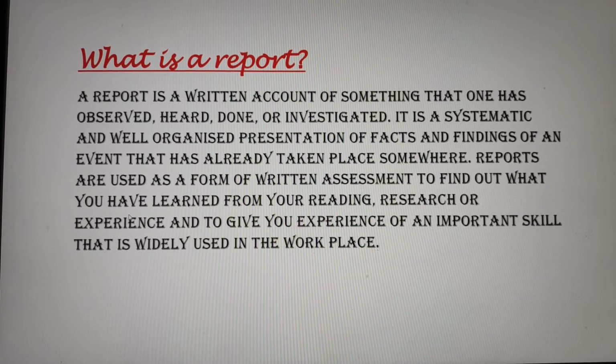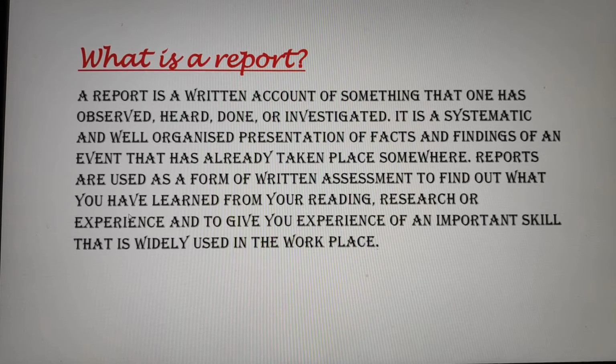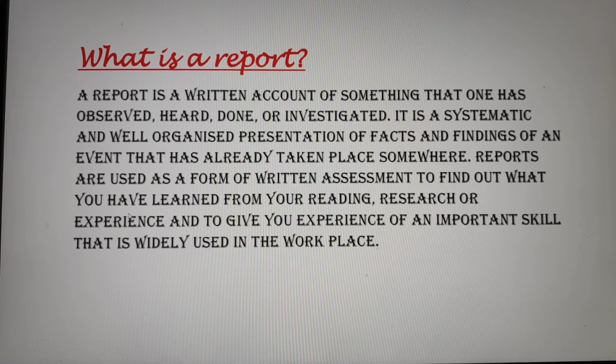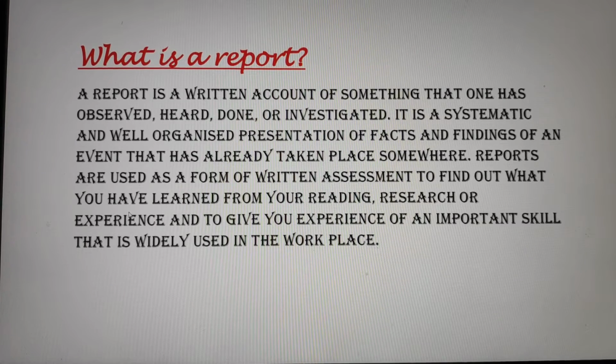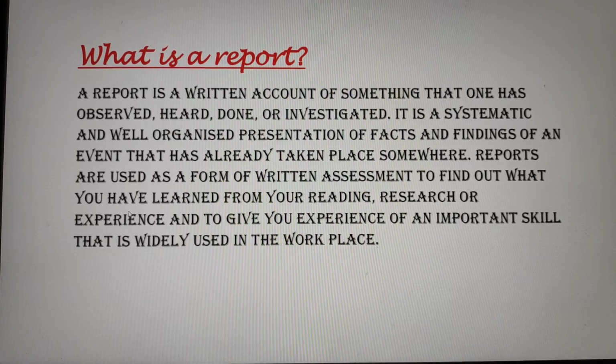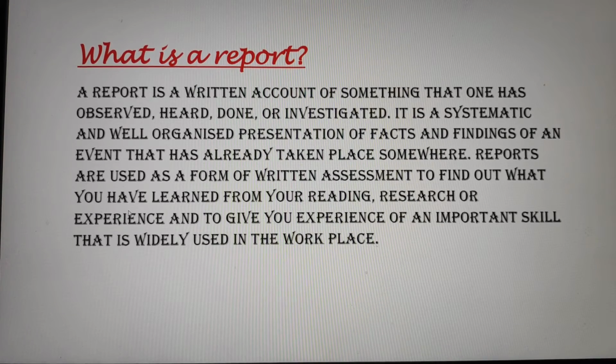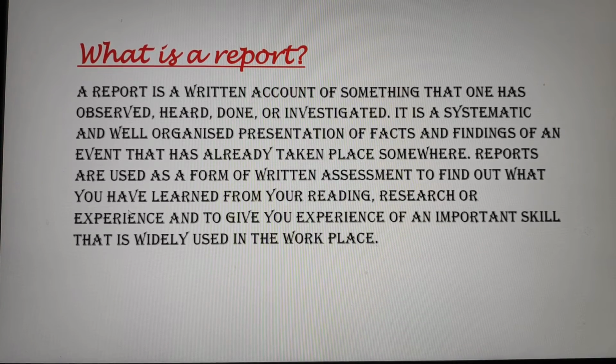Reports are used as a form of written assessment to find out what you have learned from your reading, research, or experience, and to give you experience of an important skill that is widely used in the workplace.